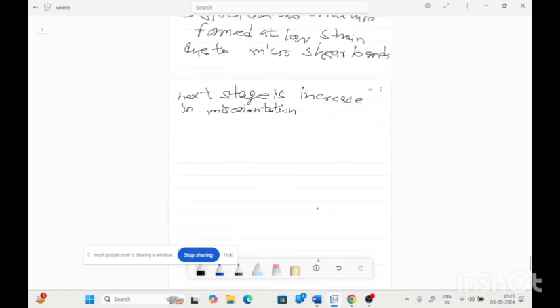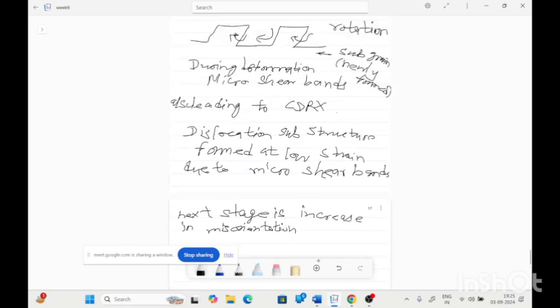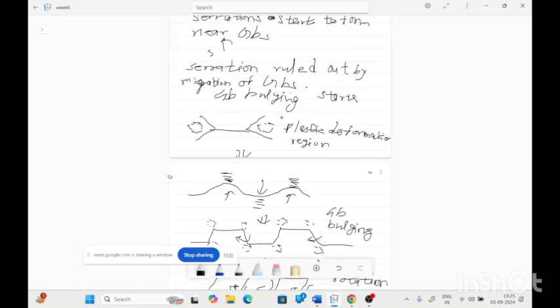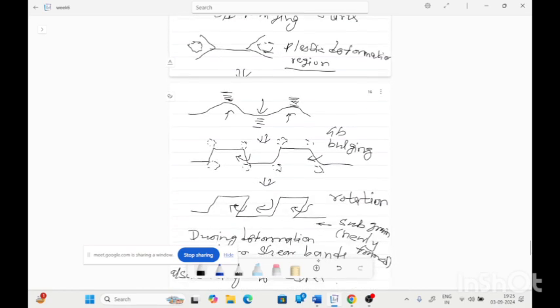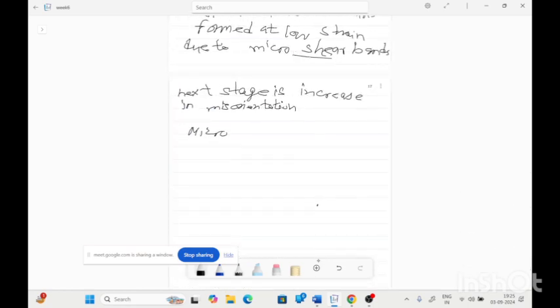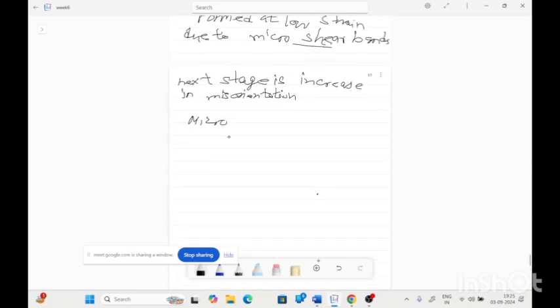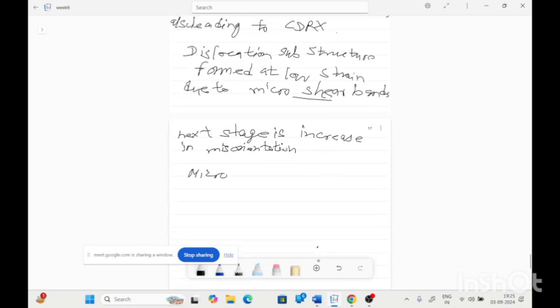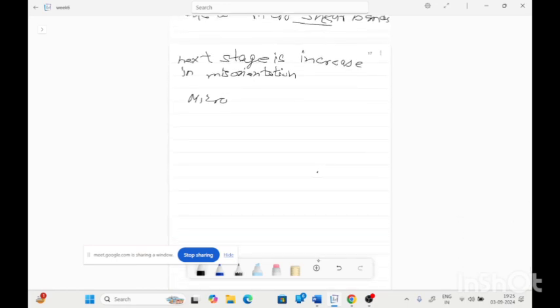So micro shear bands are the same as I explained here: due to the plastic deformation region created by the stress concentration, plastic shear bands are formed. These are called micro shear bands. In dynamic recrystallization we see that the localized deformation happens because of the deformation bands.